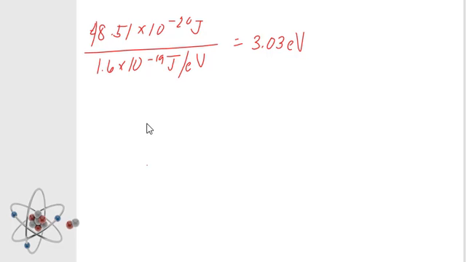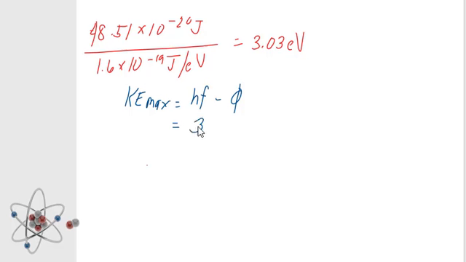But the question here is the Ke maximum. So our Ke maximum is equal to hf minus the work function. The given here, the work naught, is 2.28 electron volts.